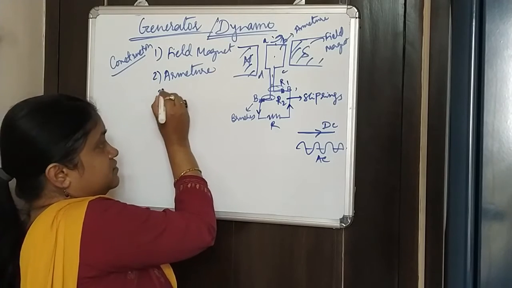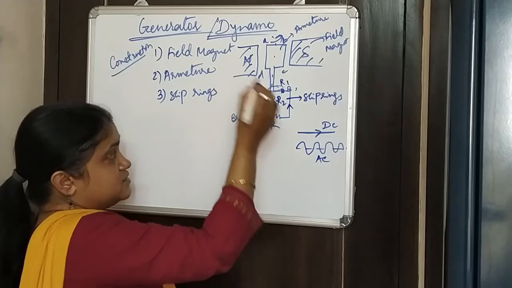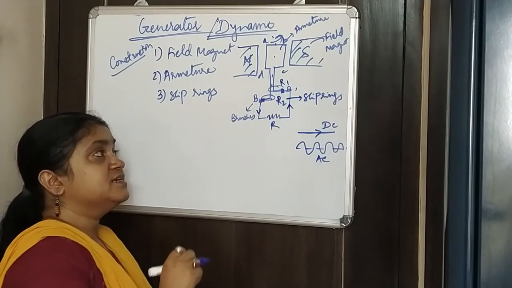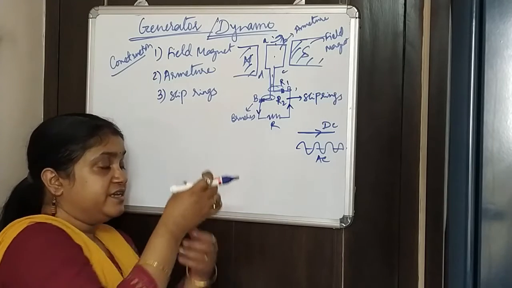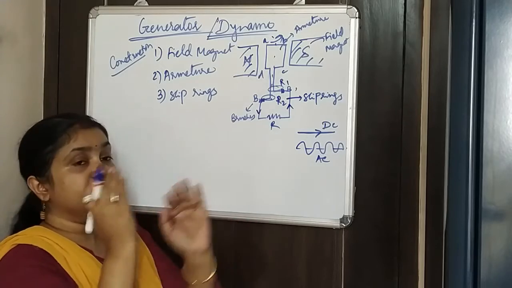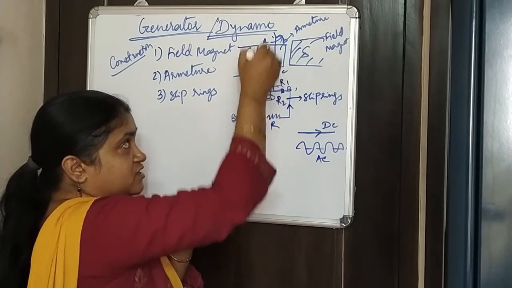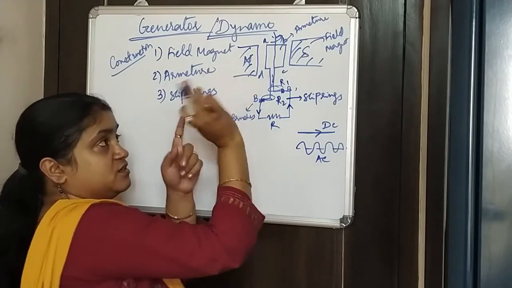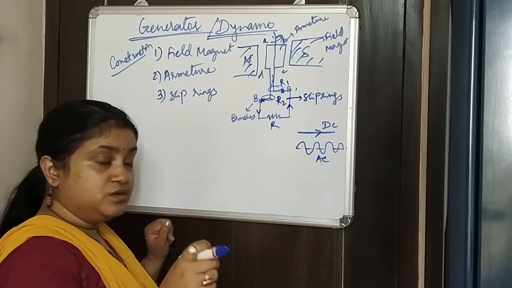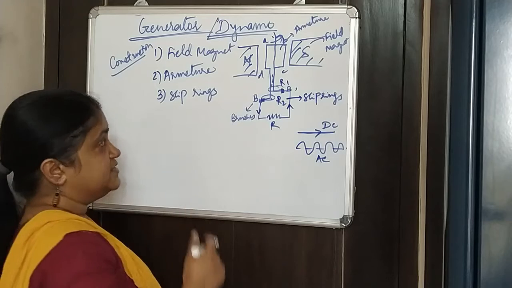The third one is the slip rings. There are two slip rings, you can see R1 and R2. These slip rings are like a ring, and they help this armature to rotate. This is the axis of the armature, around which it keeps on rotating. So slip rings help to hold the armature so that it can rotate easily and smoothly.